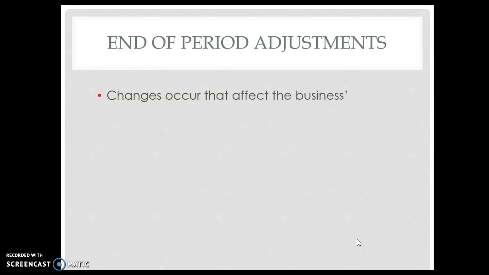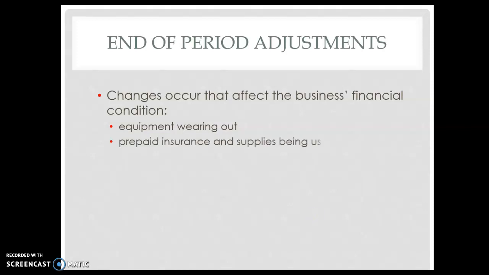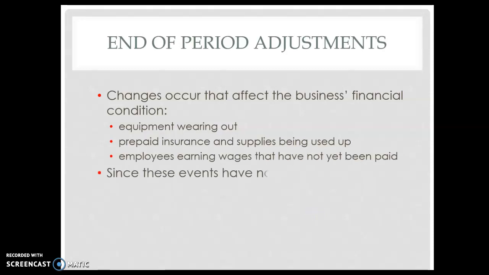In the previous video, we learned that we had these end of period adjustments because certain changes occur that affect the business's financial condition. One of those is that equipment is wearing out. This is a change that's occurring. The equipment is just wearing out as time goes by and as we use it.